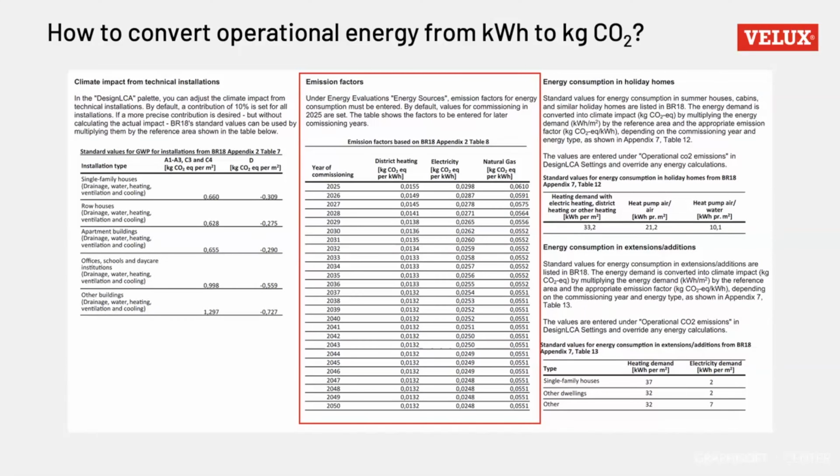It is a table of which emission factors to use depending on the year of commissioning and your energy system: district heating, electricity, or natural gas. And it is these numbers that I will use. I think it's important to understand the value of this, because in Denmark we say that with ArchiCAD and Design LCA, you can do the whole LCA calculation without jumping out of your BIM tool.